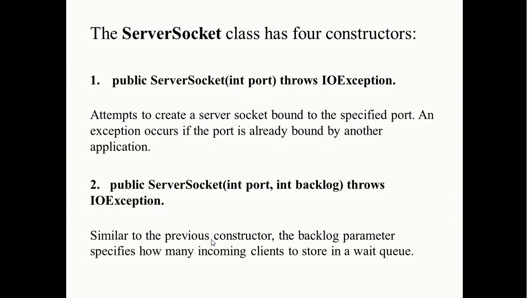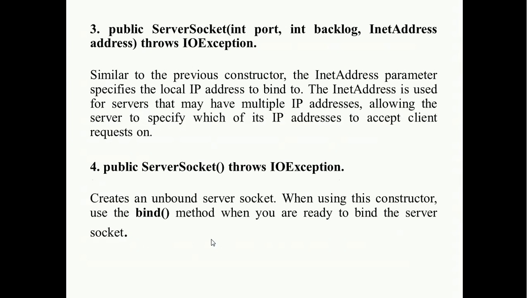This constructor creates a server socket and binds it to the specified local port number with the specified backlog. The third constructor is public ServerSocket with three parameters: int port, int backlog, and InetAddress, throws IOException.